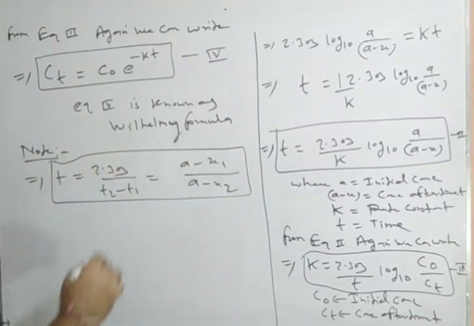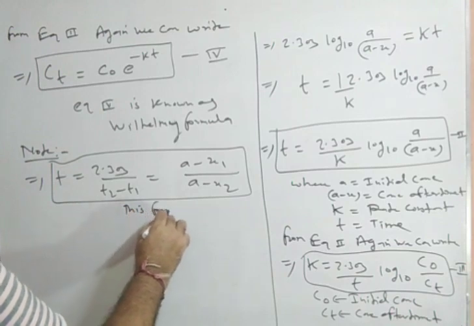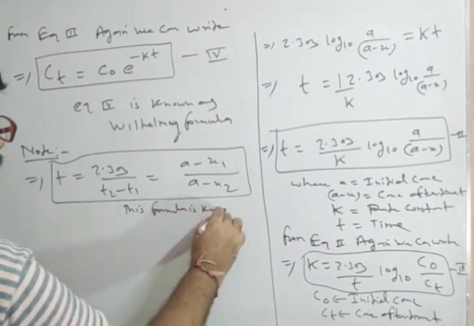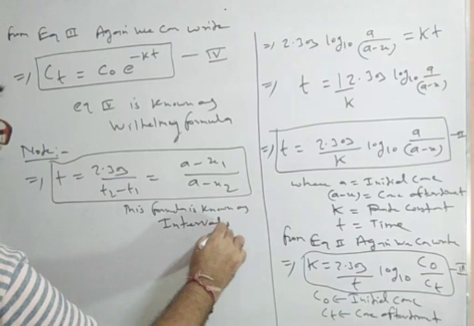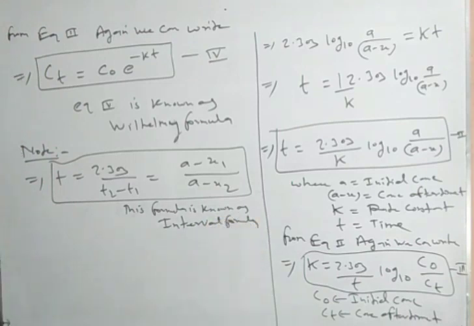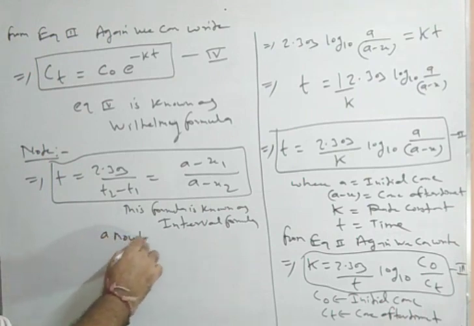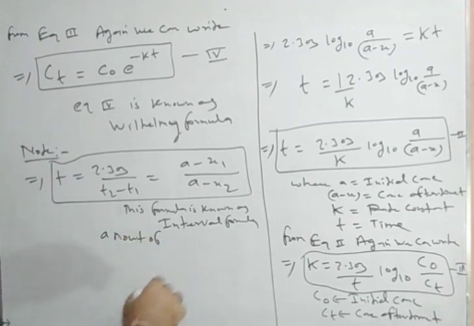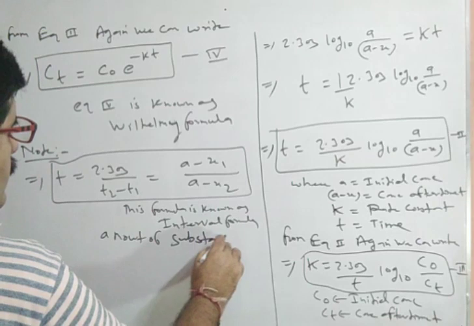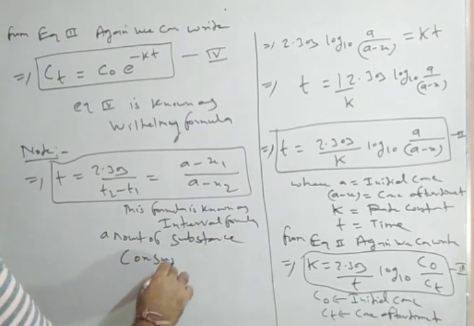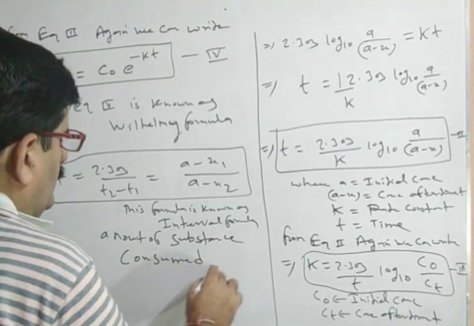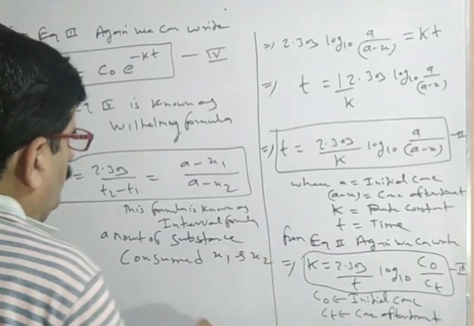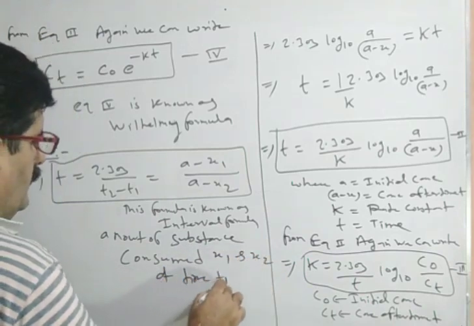This formula is known as the interval formula, where x1 and x2 are the amounts of substance consumed at times t1 and t2.